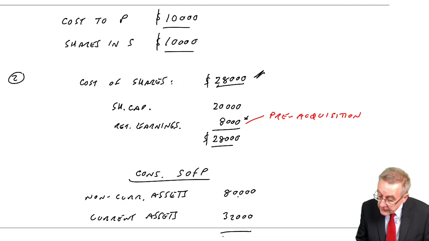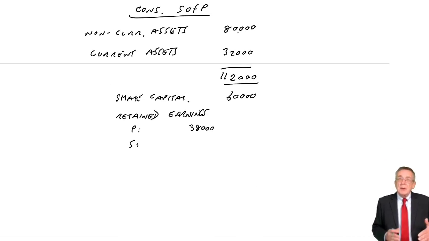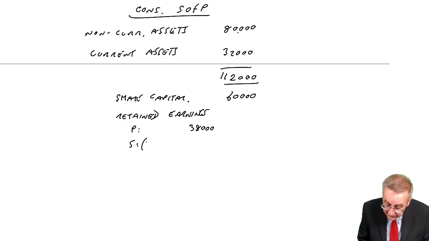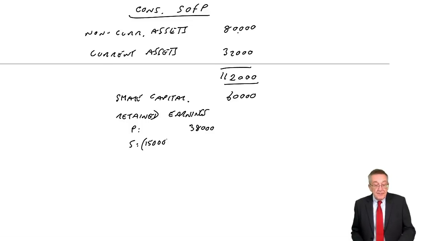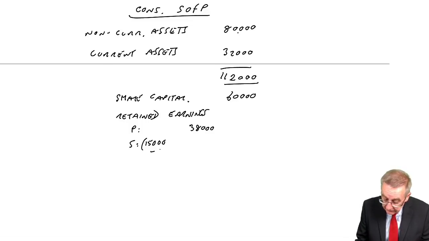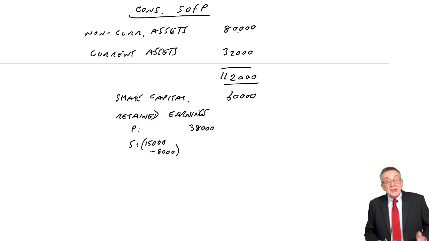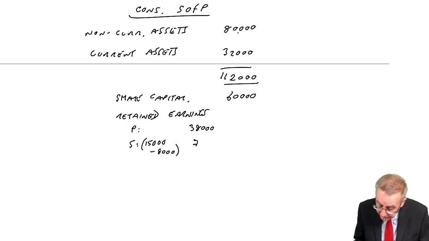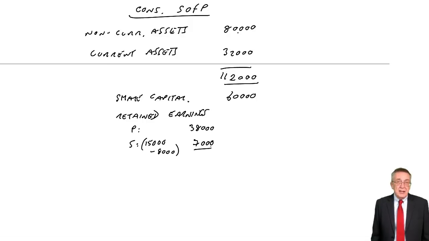And so all we bring in the consolidated statement is S's profits since we bought the shares. And how much are the retained earnings since we bought the shares? Surely they're now 15,000. But on the date we bought the shares, they were already 8,000. And so, since we bought the shares, they've only earned the difference of 7,000. That's the amount belonging to P shareholders.